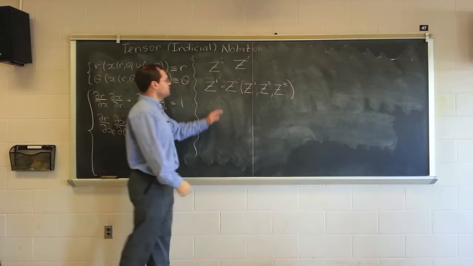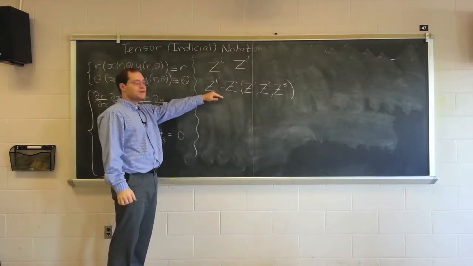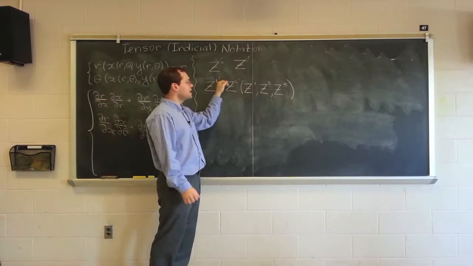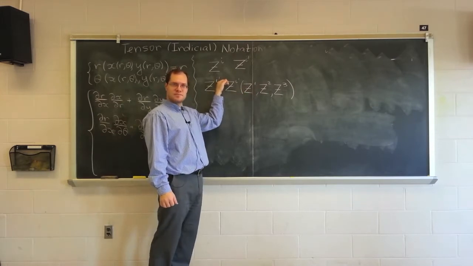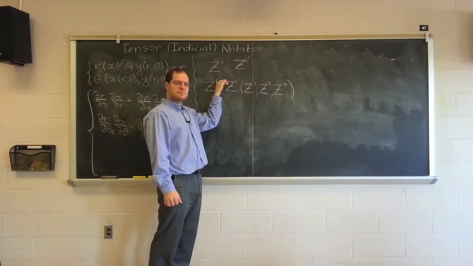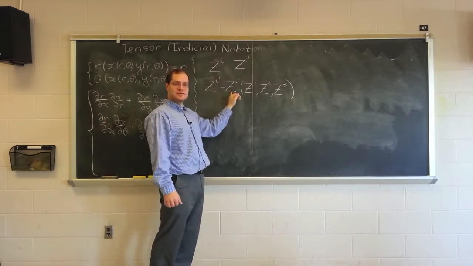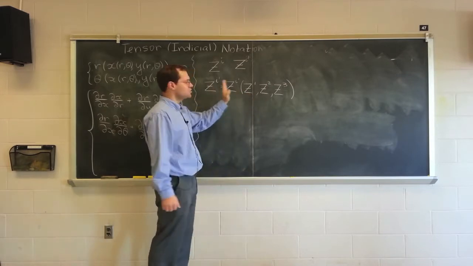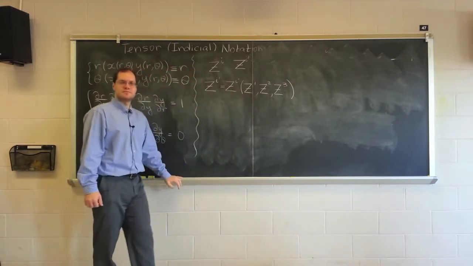So this is equivalent of saying that r equals square root of x squared plus y squared. That's for i prime equals 1. And when i equals 2, we would have theta equals arctan of y over x. This is giving us new coordinates in terms of old coordinates.